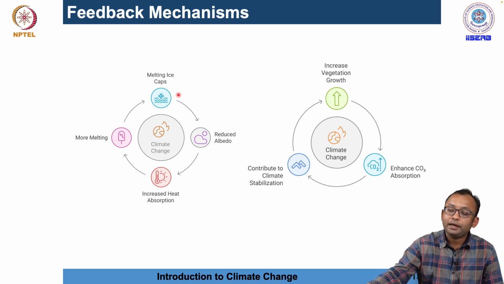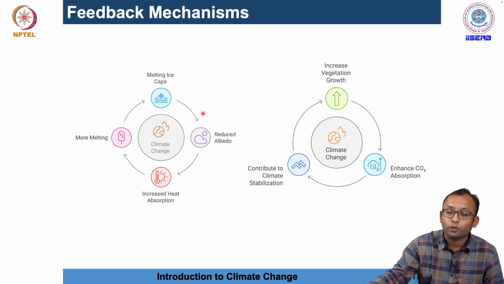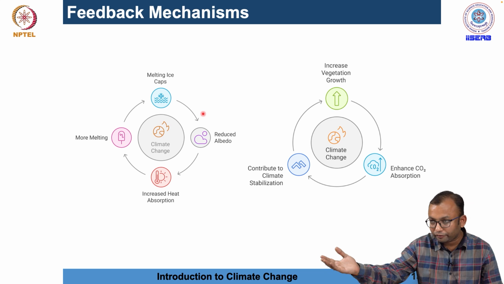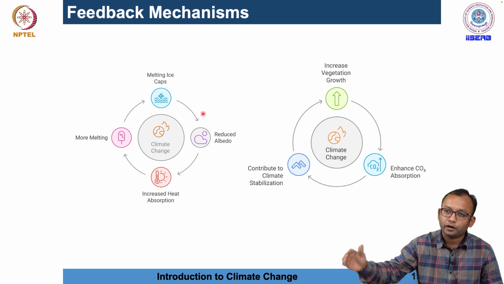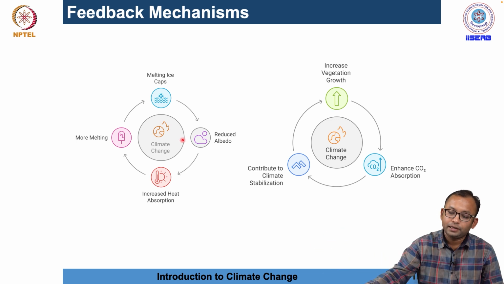When we have more melting, that reduces the surface albedo, and that affects the reflection and absorption of solar electromagnetic radiation, which directly affects the heat absorption capacity of different land use land cover types, and that increases more melting in those particular locations. So this is a kind of positive feedback that is driven by climate change activities.